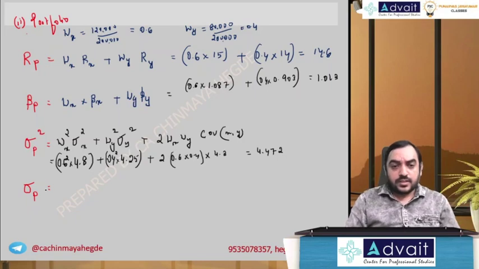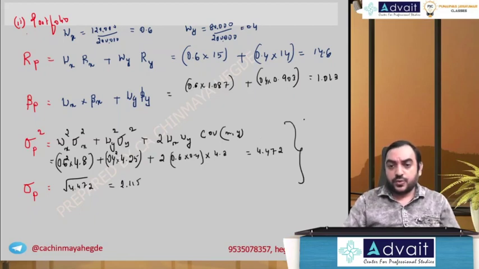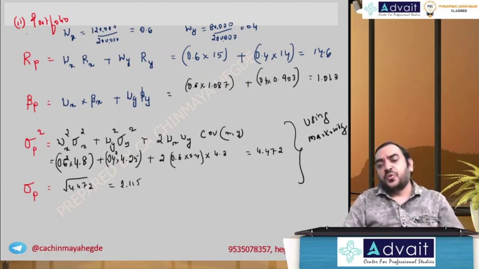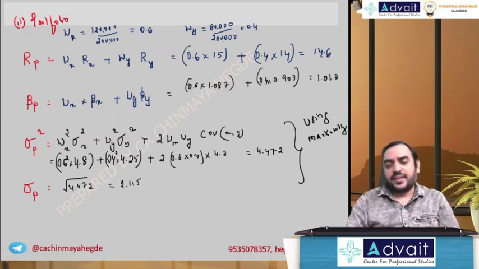Okay. Square root of 4.472 is 2.115 if I take 3 decimals. So this is done using Markowitz. You can also do it using the Sharpe index. I'll show it to you later.